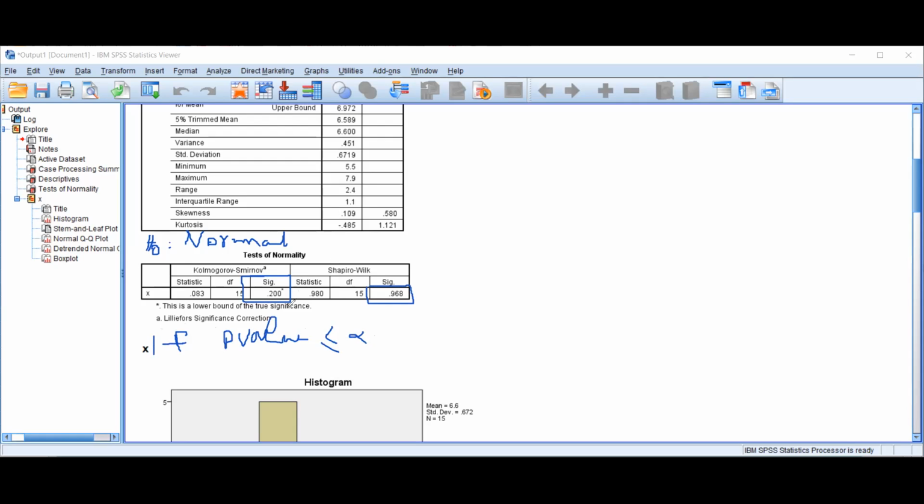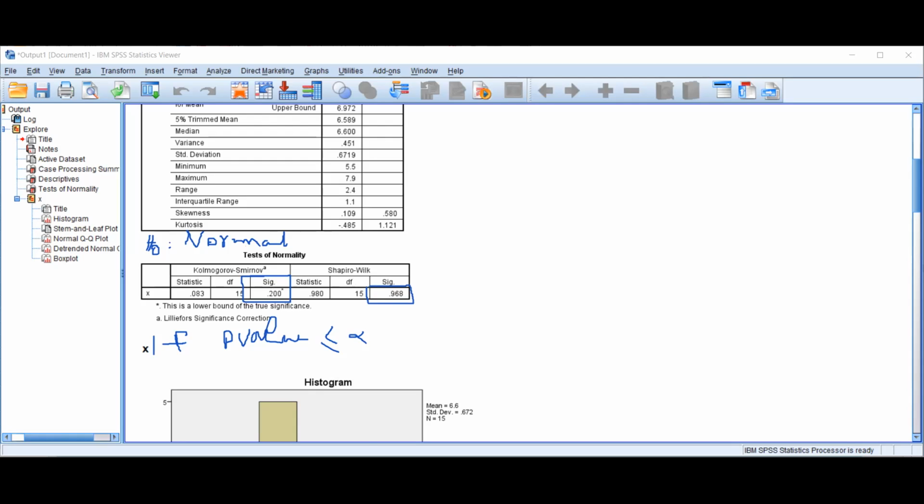My both p-values are more than alpha, if alpha is assumed as 5%. So 0.2 is more than 0.05, and 0.96 is more than 0.05. So both tests are confirming that the data is normally distributed.